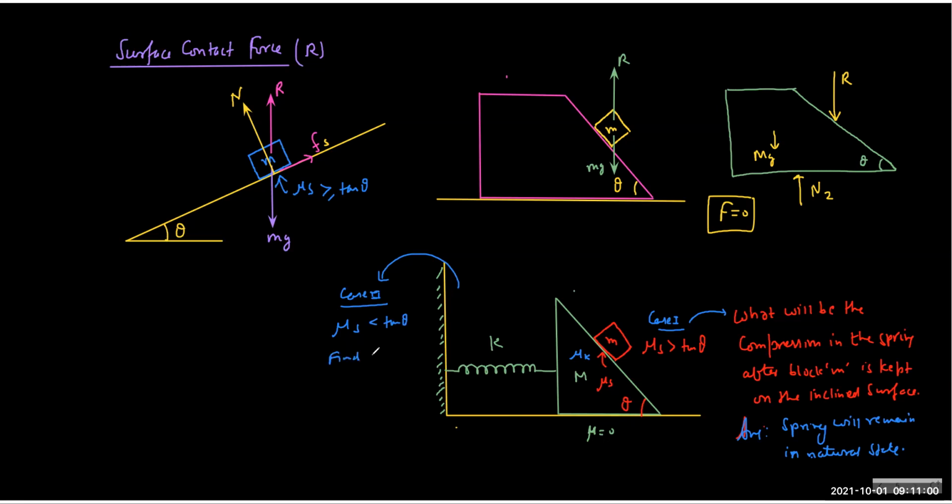So find the compression in the spring at equilibrium of the wedge. So assuming the wedge is at rest, not moving, what will be the compression in the spring?